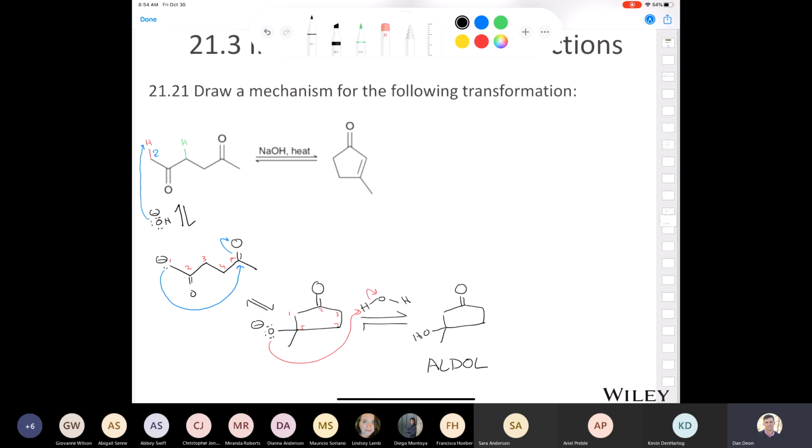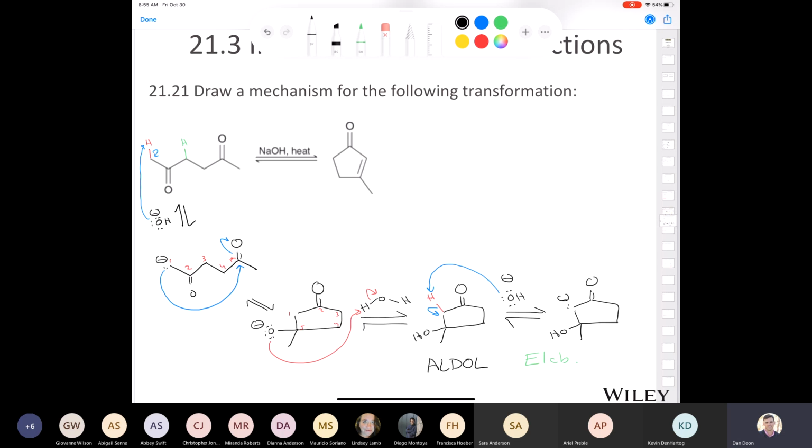And next we're going to eliminate the hydroxide. I mentioned this earlier: you might not think of hydroxide as being a good leaving group in organic chemistry, and it isn't, but this is an E1CB mechanism, an E1 conjugate base mechanism, where first we form the conjugate base. So let's draw the conjugate base out like this. We have our negative charge like that, and then we end up losing the hydroxide as the leaving group in this E1CB mechanism, right?